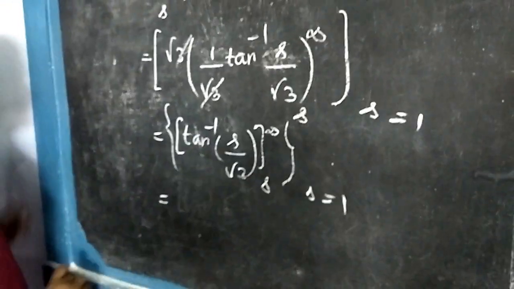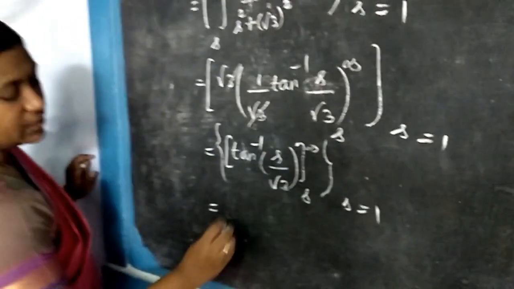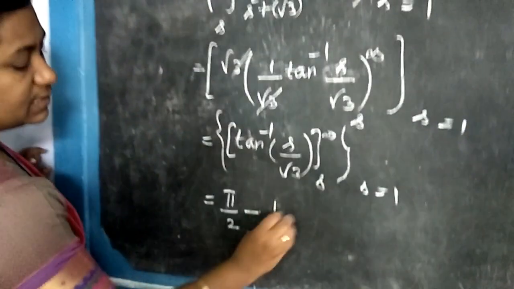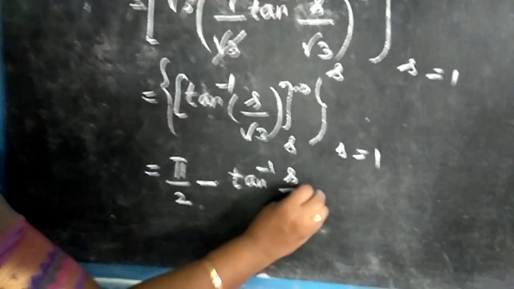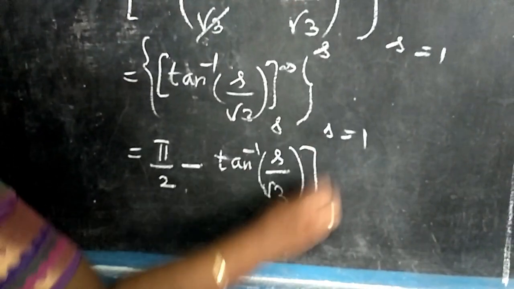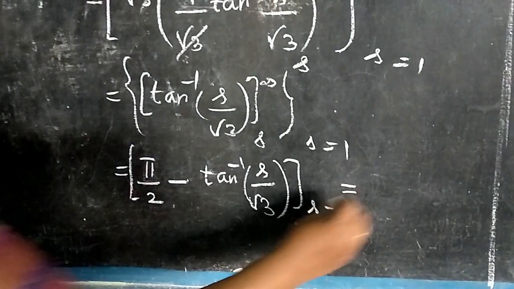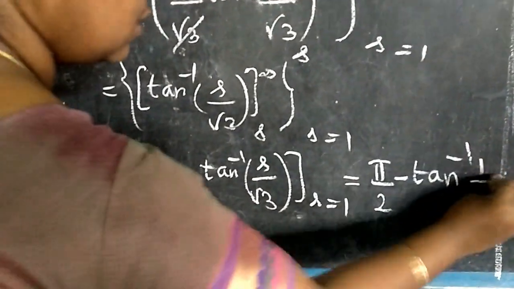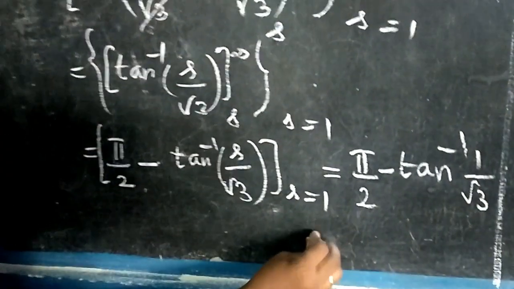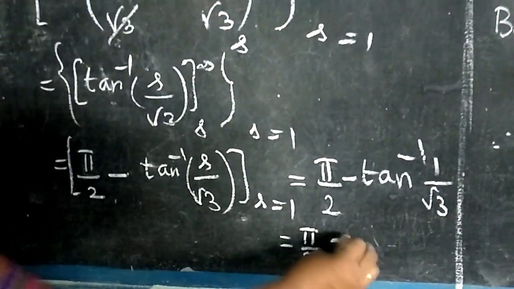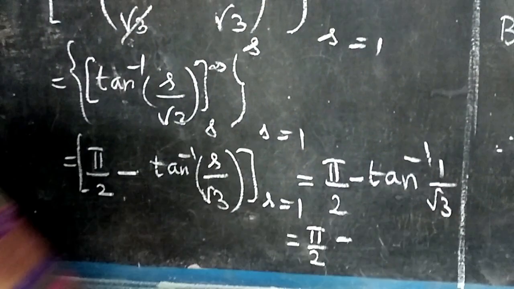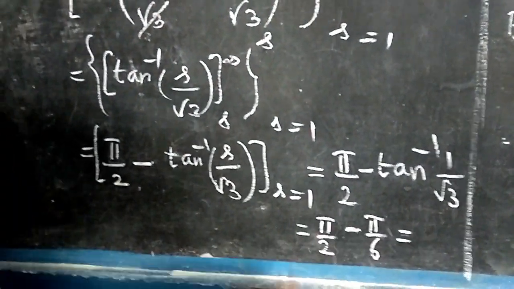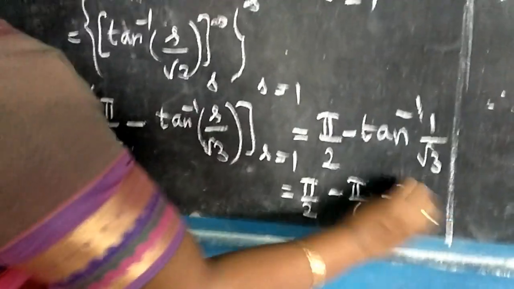On applying the upper limit, tan inverse of infinity is pi by 2, minus the lower limit, tan inverse of s by root 3 at s equal to 1. That is pi by 2 minus tan inverse of 1 by root 3, which is pi by 2 minus pi by 6. It is equal to pi by 3.